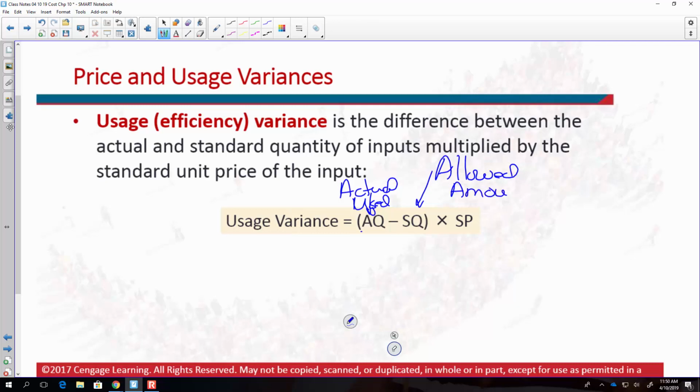And that's what SQ means. It's the allowed amount for the actual production. That's the goal with this, is that comparison. So that's on page 529.